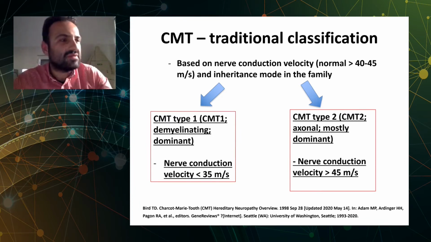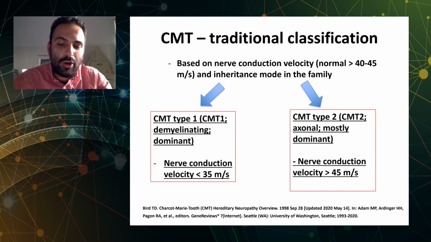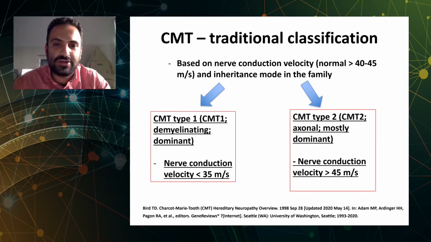So this classification appeared in a moment when we had no clear information regarding the genes, regarding the sequence of the genome. So we had only the electroneurophysiological information and the clinical picture of the patient and the inheritance mode in the family.